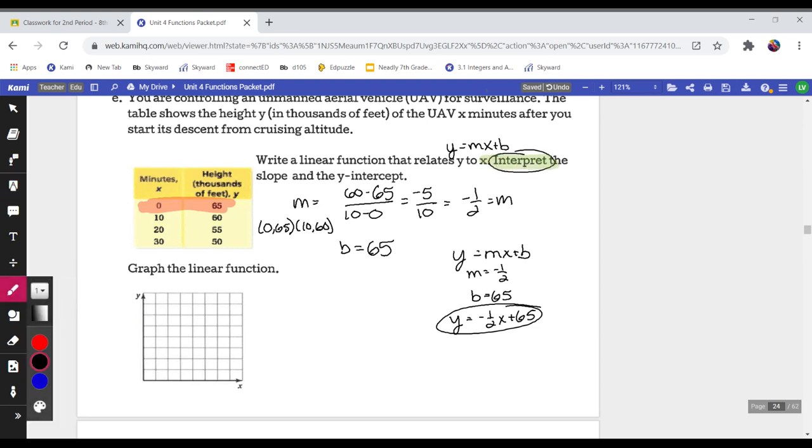So instead of just saying the slope is negative 1/2 and the y-intercept is 65, the slope of negative 1/2 means the UAV is descending (1,000 feet per minute).